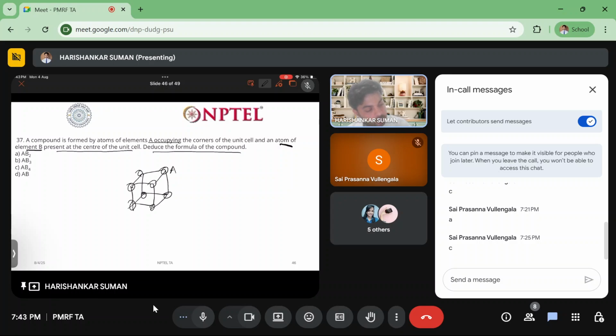A is on the corner, B is centered. So the contribution of A is 1/8 at each corner, total 1, and B equals total 1. So what is this? AB.